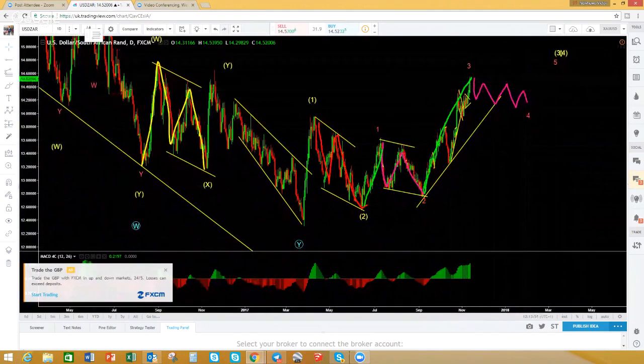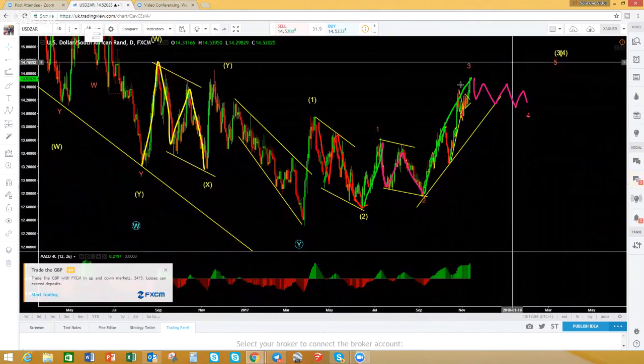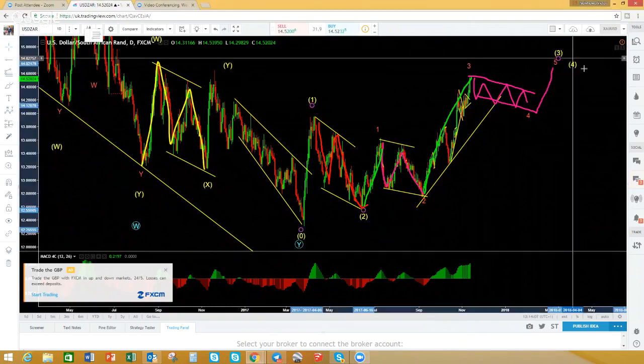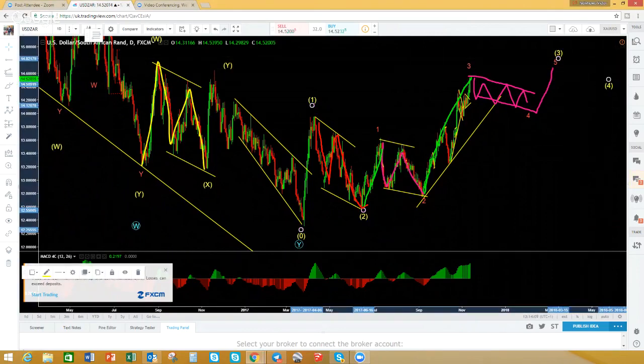Expect consolidation there. After the completion of wave 3, expect this consolidation before you get this wave 5, and then you get a bigger consolidation in red to complete the yellow wave 5.